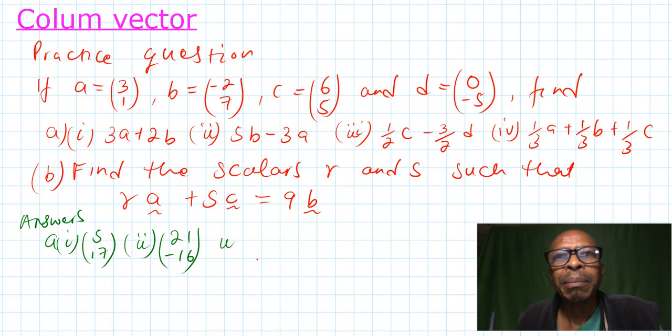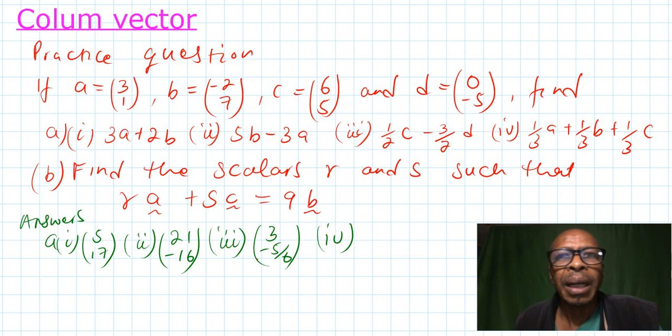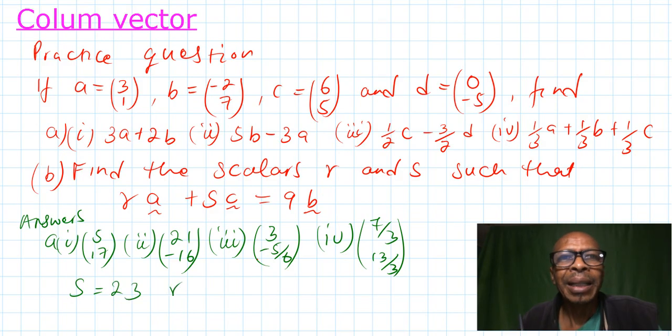Roman number 3, you get (3, -5/6). We have Roman number 4, you should get (7/3, 13/3). And then the other one, S is equals to 23, and R is equals to -52. Those are the scalars.